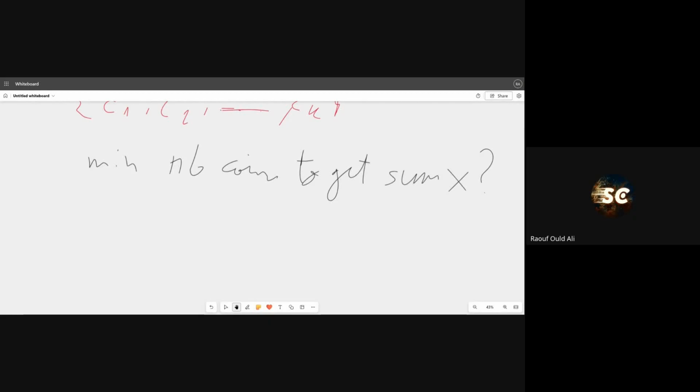Does anyone have an idea? Can you say the statement again, please? Sure. So you are given a set of coins, C1, C2 until CK, also in infinite amounts. And you want to know how many coins at least you need to use to obtain a sum of x.